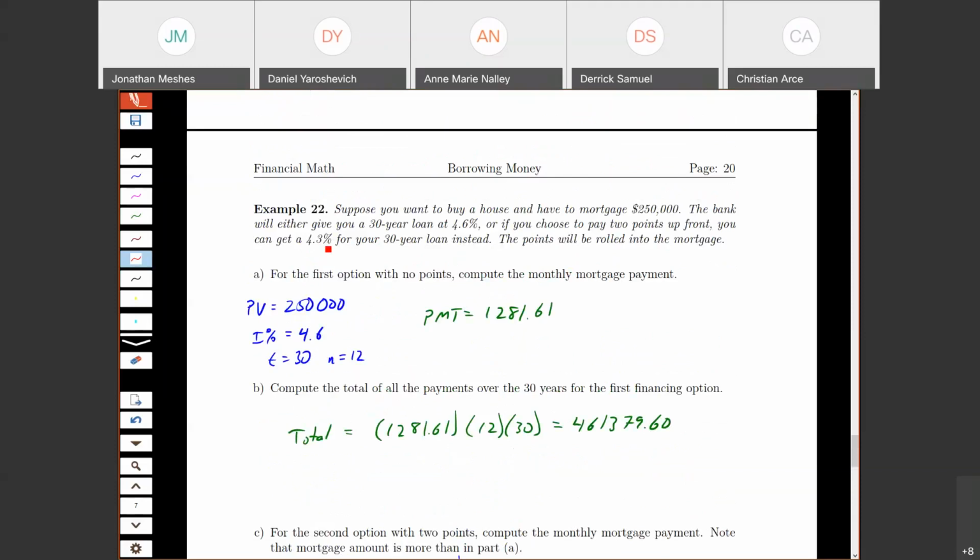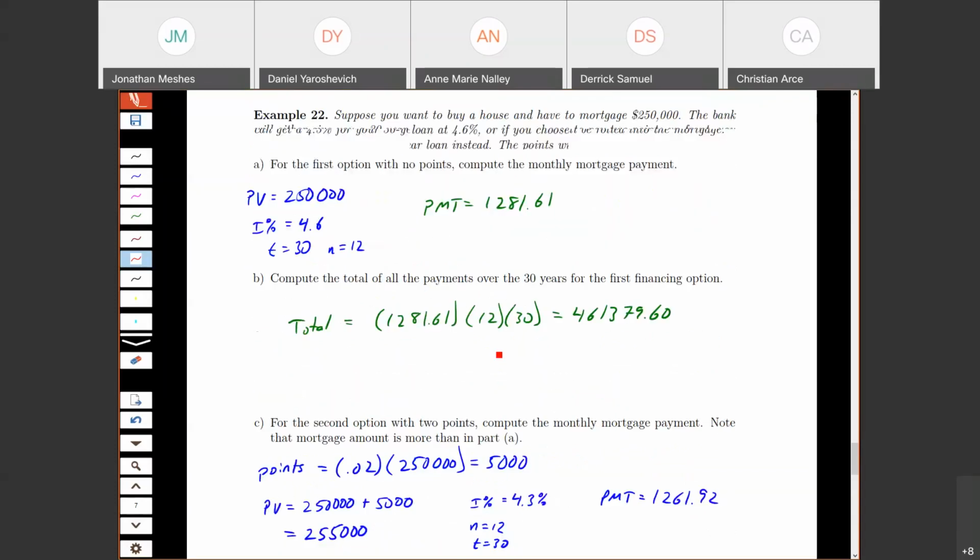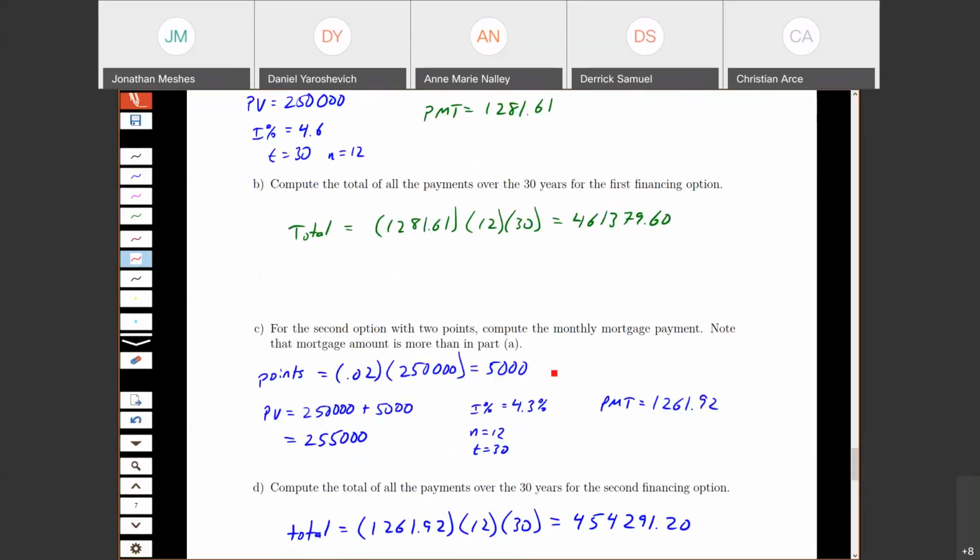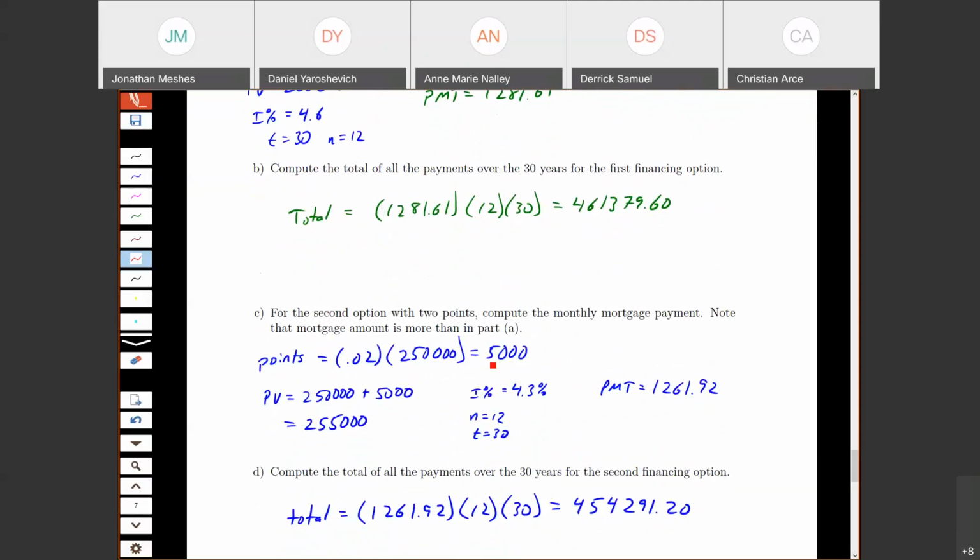So if I look at what happens after 1 day, with the points option, I owe $5,000 more than with the non-points option. And it takes time for the lower interest rate to sort of benefit you $5,000 worth, okay? So there's a lot of numbers in flux. I don't want to look at computing it here exactly or say that there's a hard and fast rule.